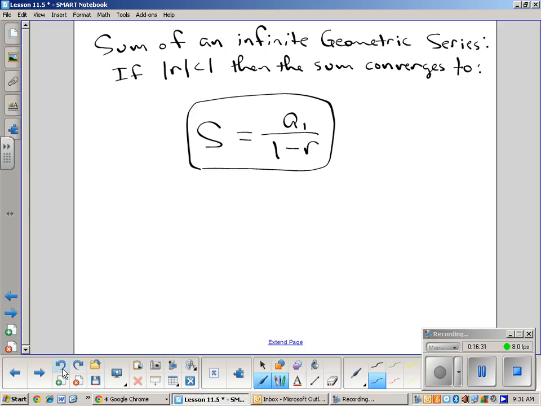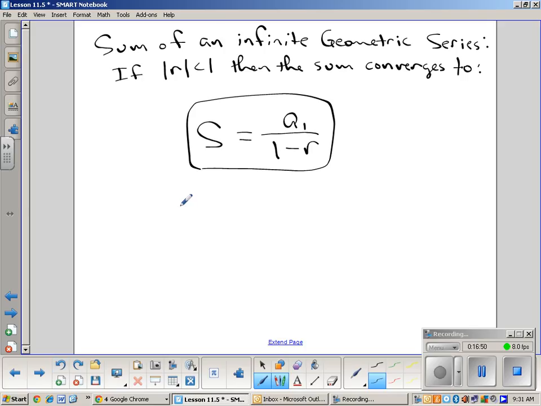Does that mean this is exact? No, it just means that for all points that matter, this is good enough. Okay? So it's going to approach. And so we need the common ratio and we need the first term.